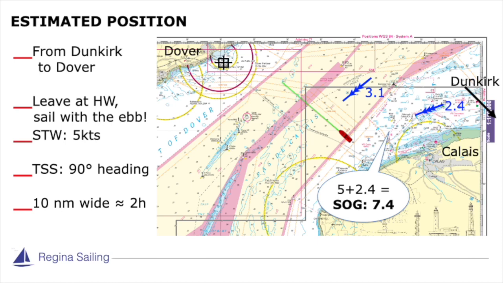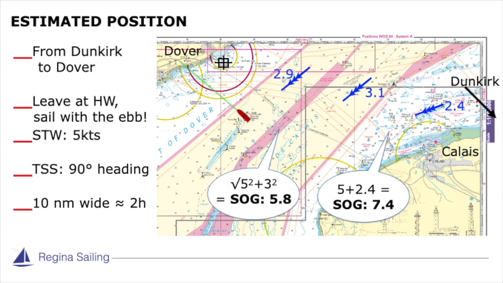So after the 3.1 knots, you have 2.9 knots here in my example, and it pushes you over here much more than you wanted to. And your speed is mathematically calculated 5.8 knots, so you still have some current pushing you forward, but also sideways. And that's not what you intended to do, because starting here you have the freedom to change the course according to your desire.